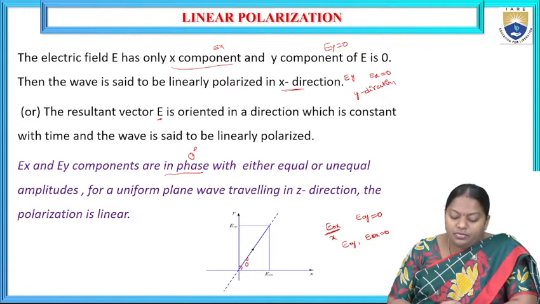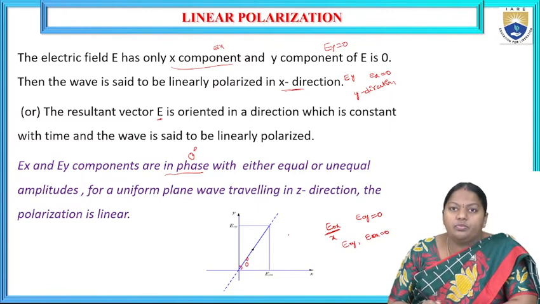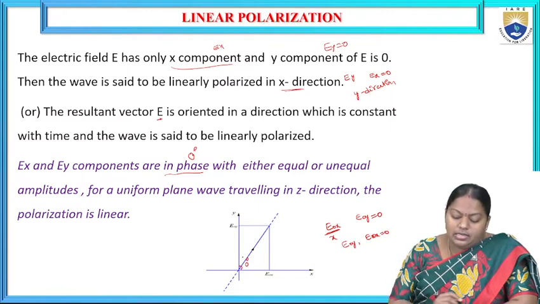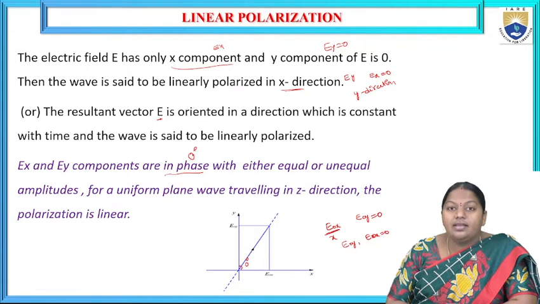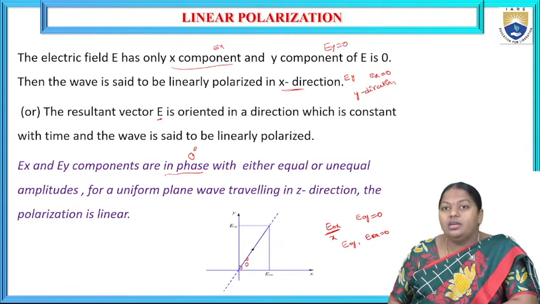Or if both the direction components, E0x and E0y, are in phase, 0 degrees between the two, with either equal or unequal amplitudes, for a uniform plane wave traveling in the Z direction, then the wave is said to be linearly polarized in that particular direction, either X or Y, not both.